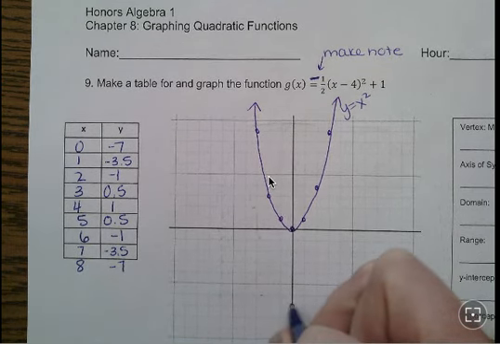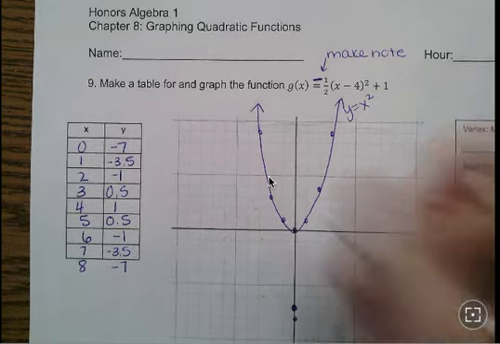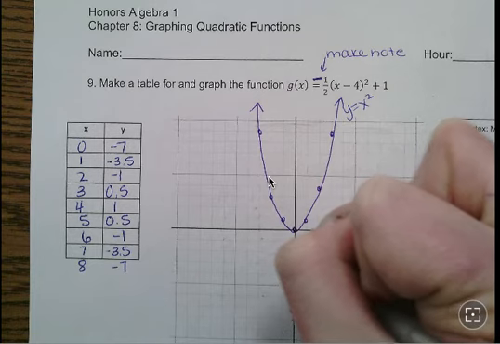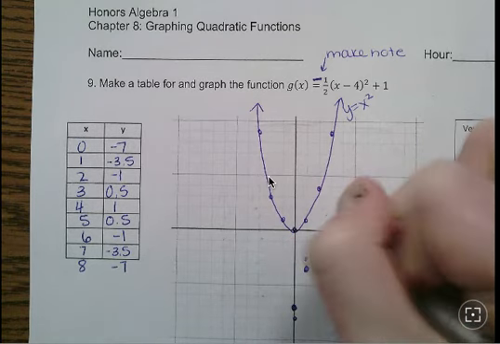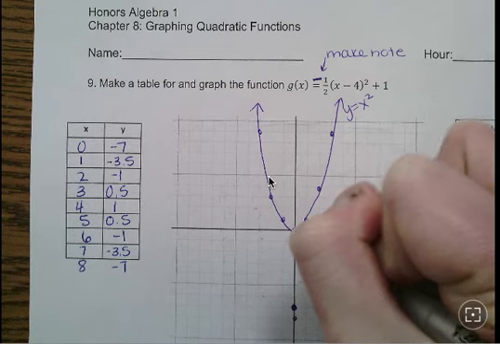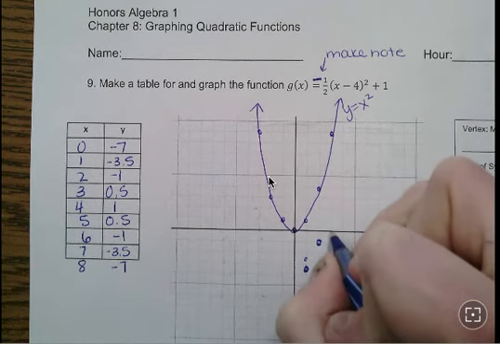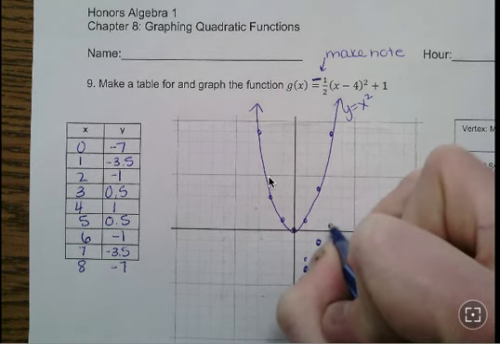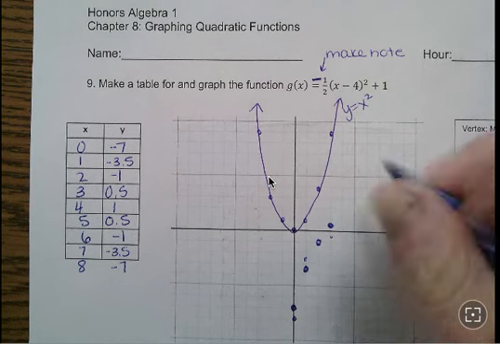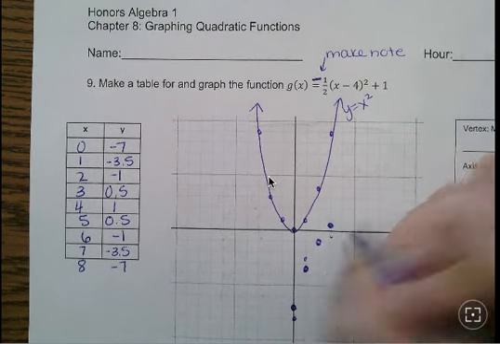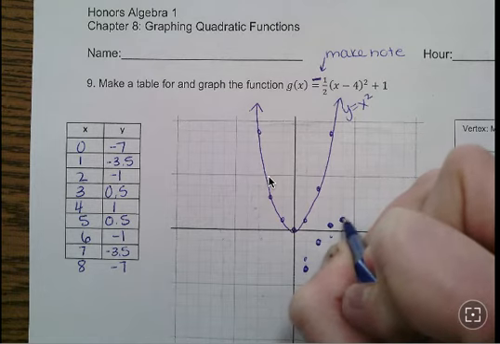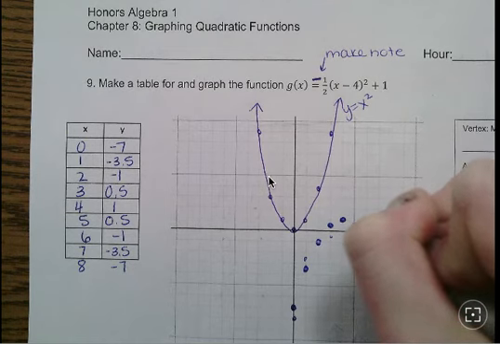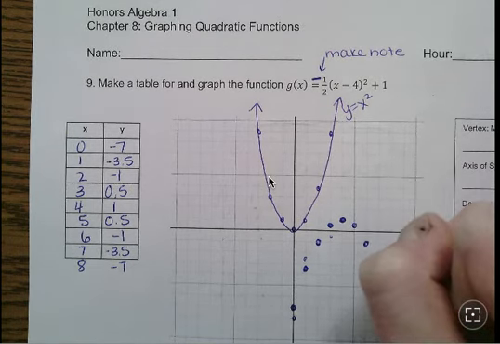Oh, that's right here. 0, -7. 1, -3.5 is right here. 2, -1. 3, 0.5. 4, 1. 5, 0.5. 6, -1. 7, -3.5.